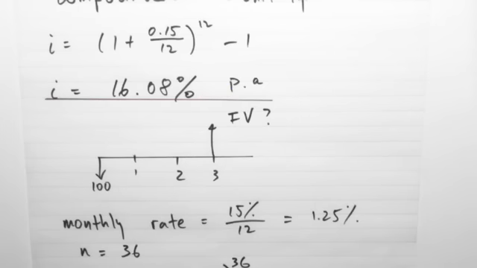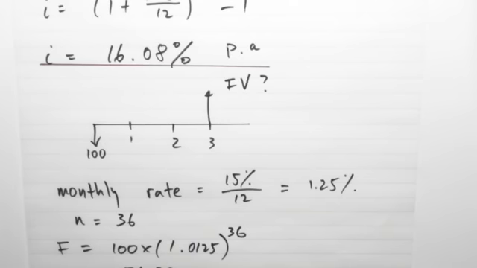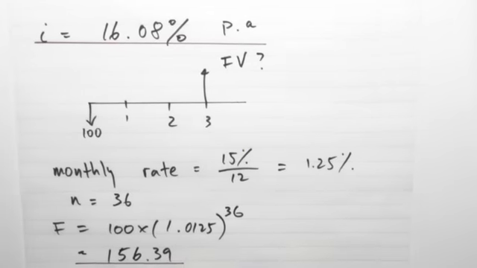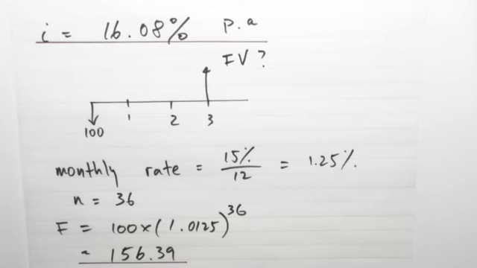Once we have done these two things, we can simply apply the equation: F equals 100 times 1.0125 to the power of 36, and we will get an answer of 156.39.